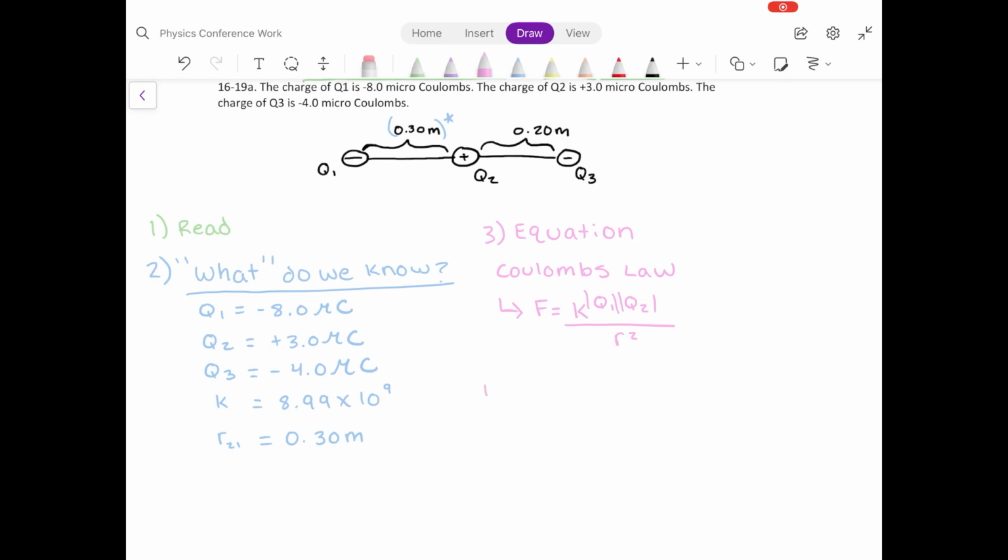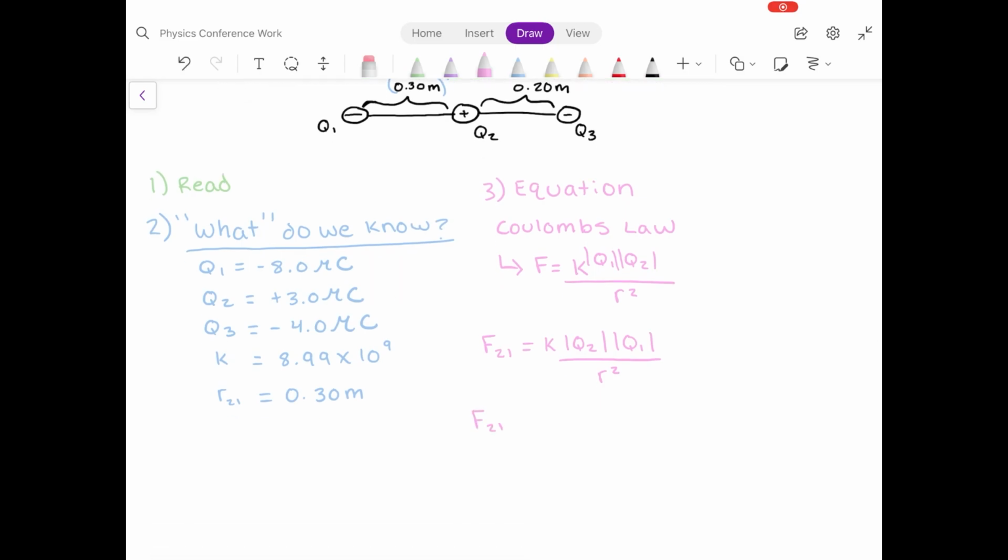So since we are trying to find the force between points 2 and 1, we can use F21 equals K constant, absolute value of charge Q2 times the absolute value of charge Q1 over R squared. And as we've already mentioned, R21 is equal to 0.3 meters. So we can just plug all the numbers that we know from the what do we know section into the equation to get an answer.